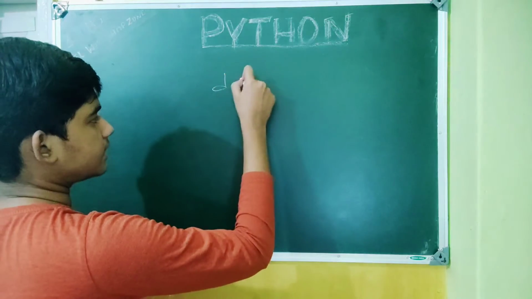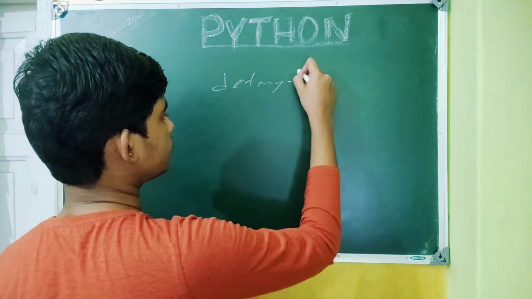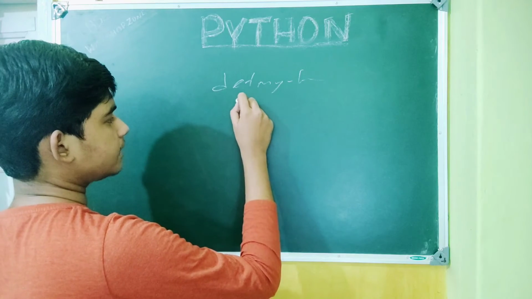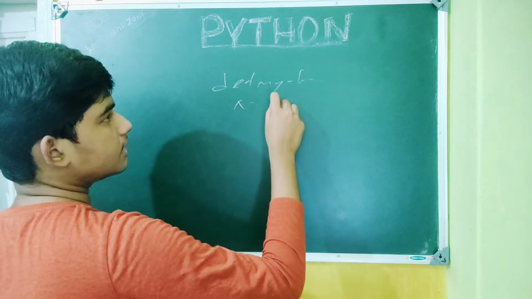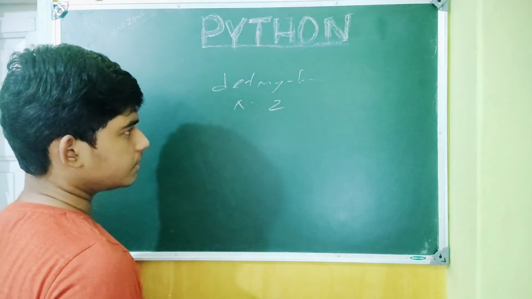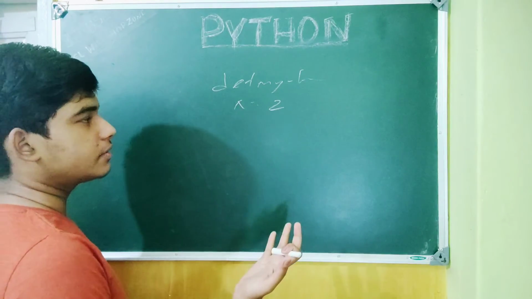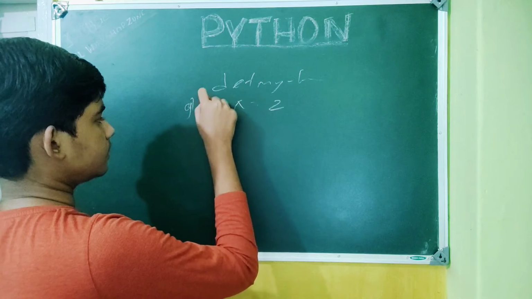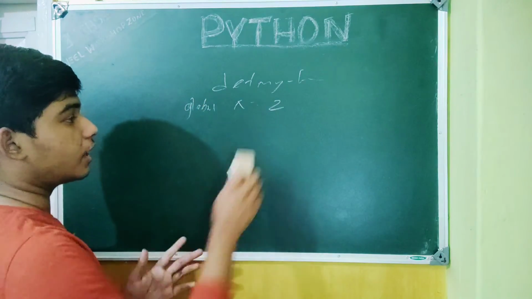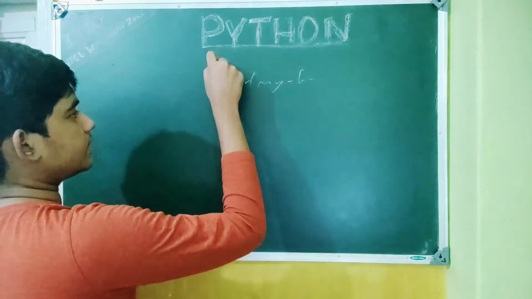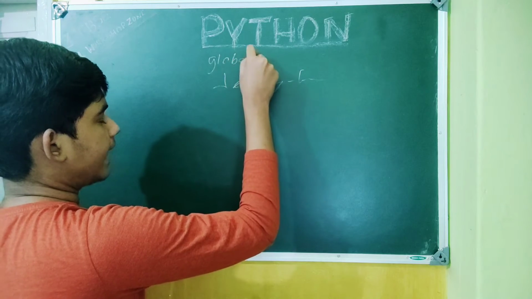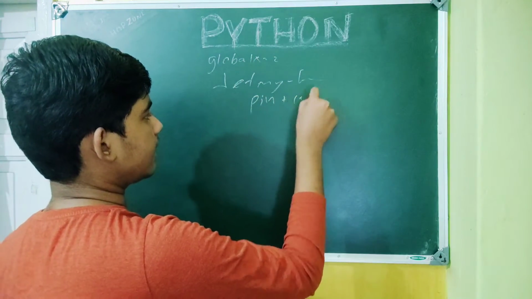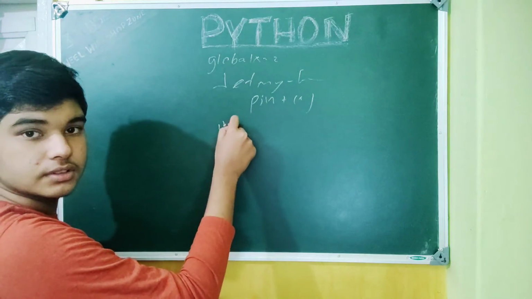So for example, if you write a simple function like def my_function, and I just write something like x is equal to 2, and use something known as global. Or if you write it outside the function, like for example here, we write global x is equal to 2, print x, and let's close the function.